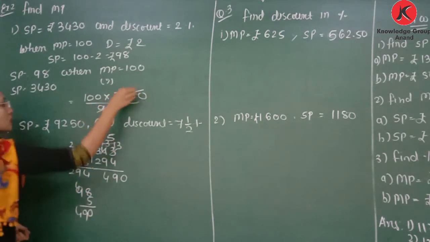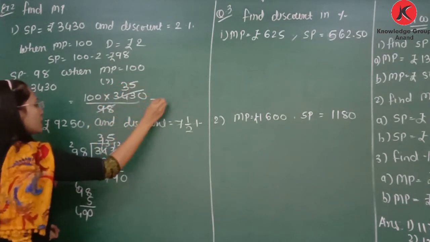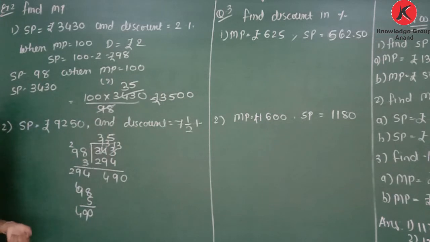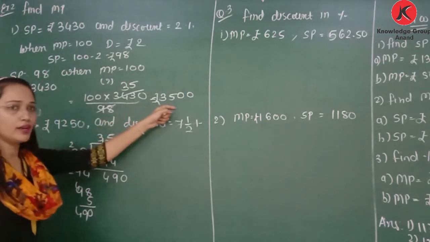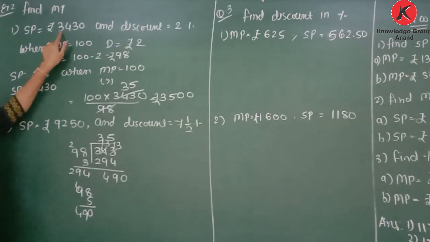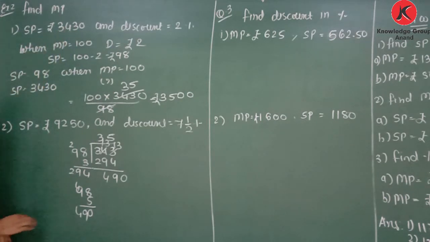So it is 35. So mark price will be 3,500, and if 2% is discount, selling price will be 3,430. Now next one.